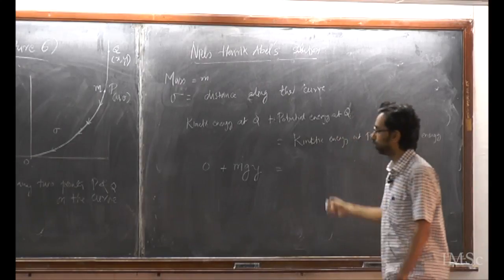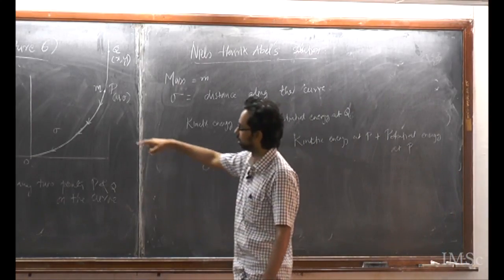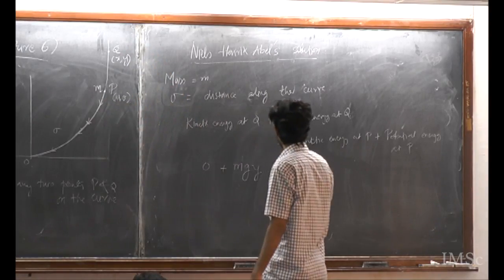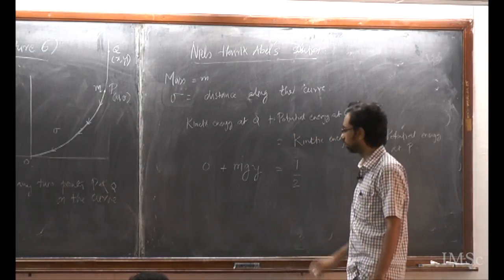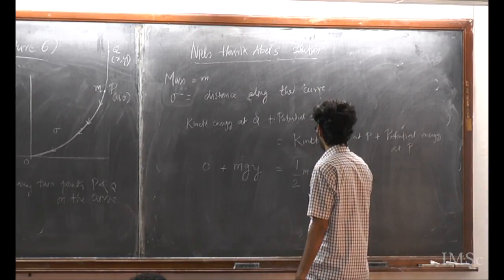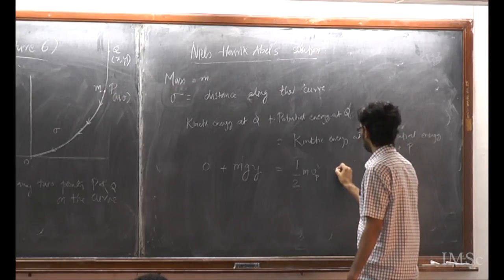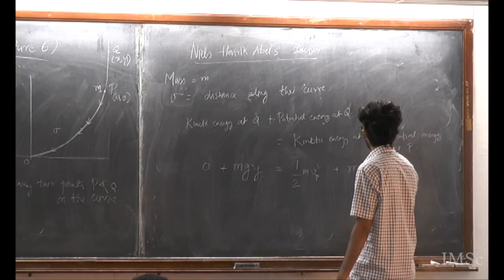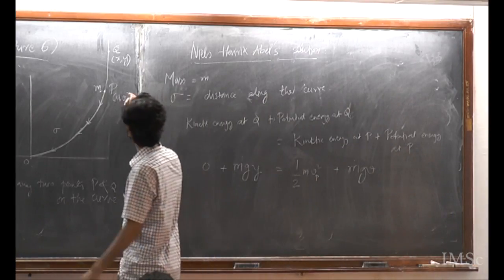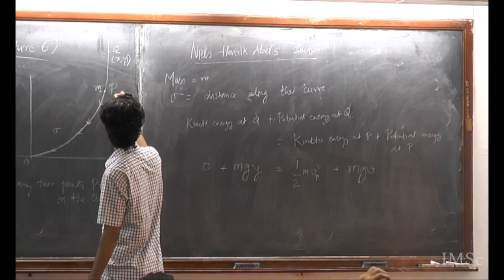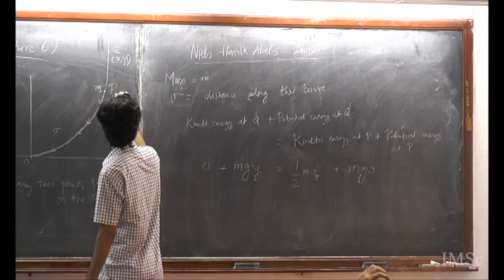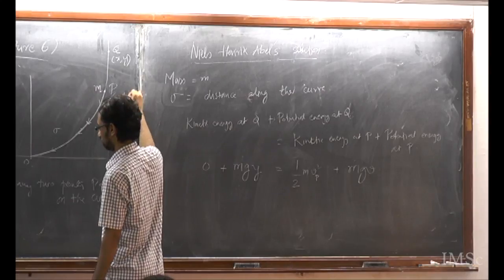What is the kinetic energy at P? When you are dropping a bead, it will have some velocity here, right? The energy is given by half m v square, v at P, plus mg t. So let me use another notation, (x, y) and (s, t), let's say.